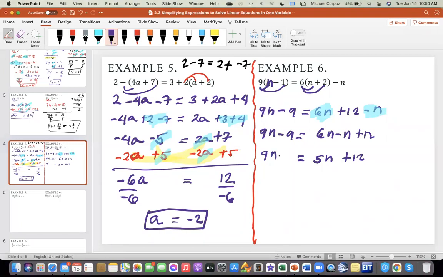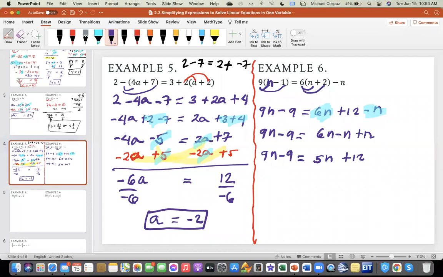Otherwise, we cannot solve, since we would have two variables, but of course we have that in another level. Right, we have 9n minus 9. Please do check that change b to n. So we have 9n minus 9 on the left. Right, you have 5n plus 12.